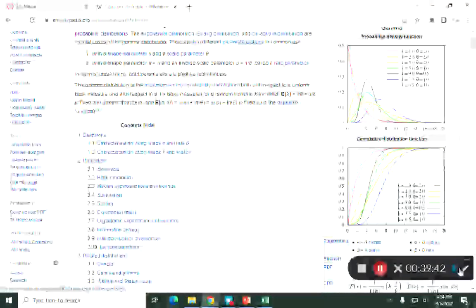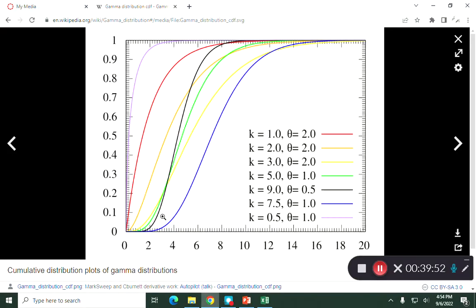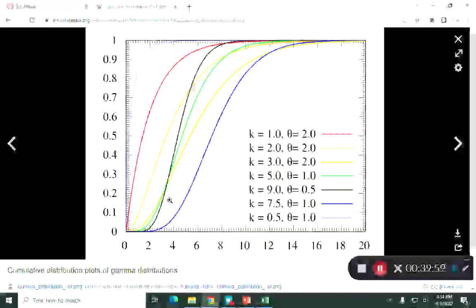When they were young, green probably died a little quicker. Can you guys see here? Let me make it big. But not much difference, right? That means green may be a little riskier than black, but not much difference.